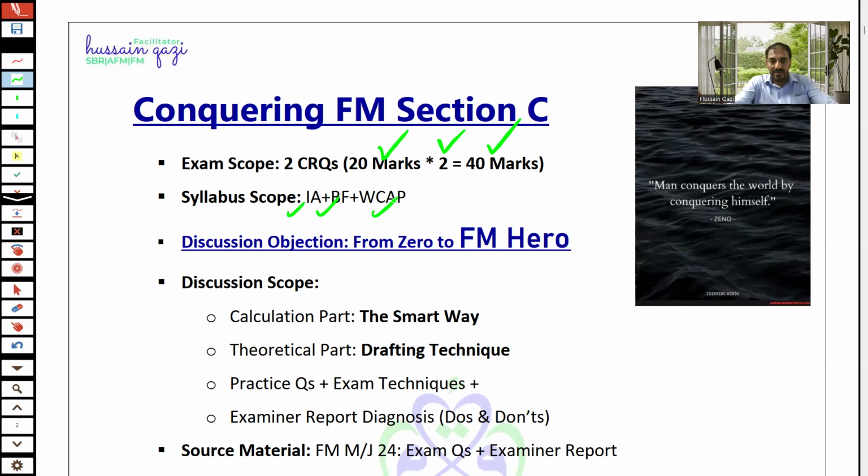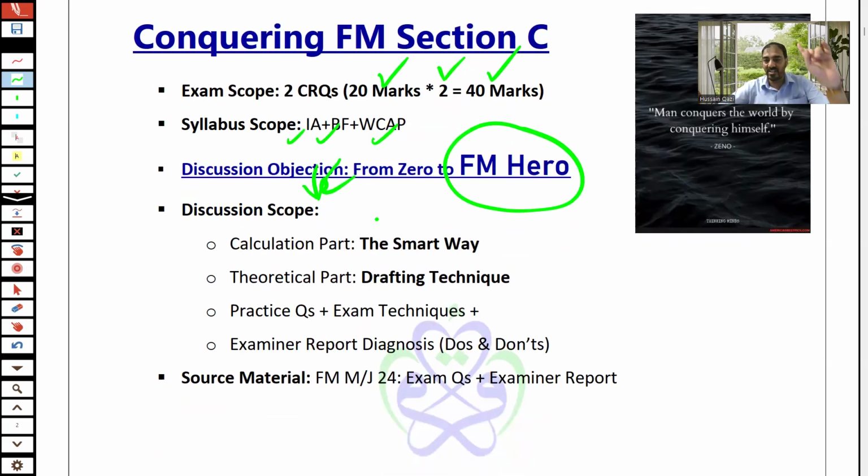The objective of this discussion is to go from zero to FM hero. The discussion scope includes guidance on the smart way to do calculations. I will provide guidance on drafting techniques for the theoretical part.